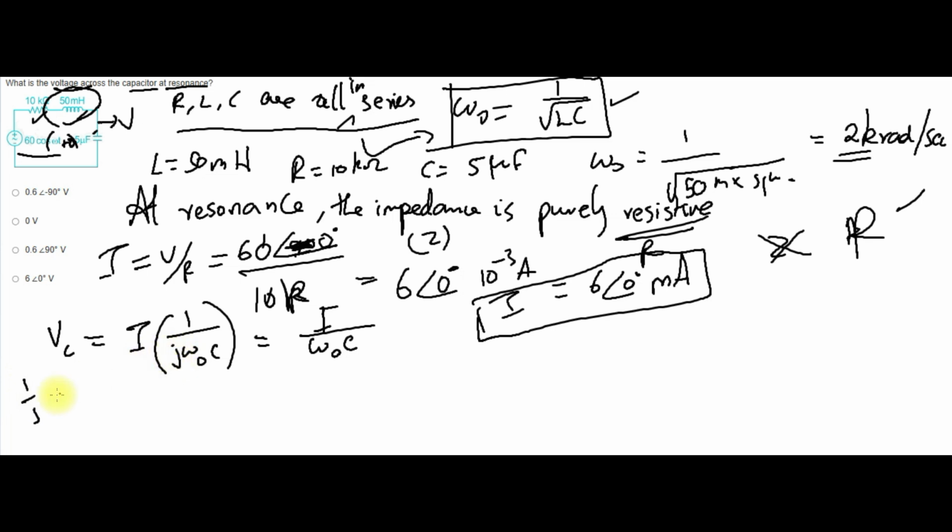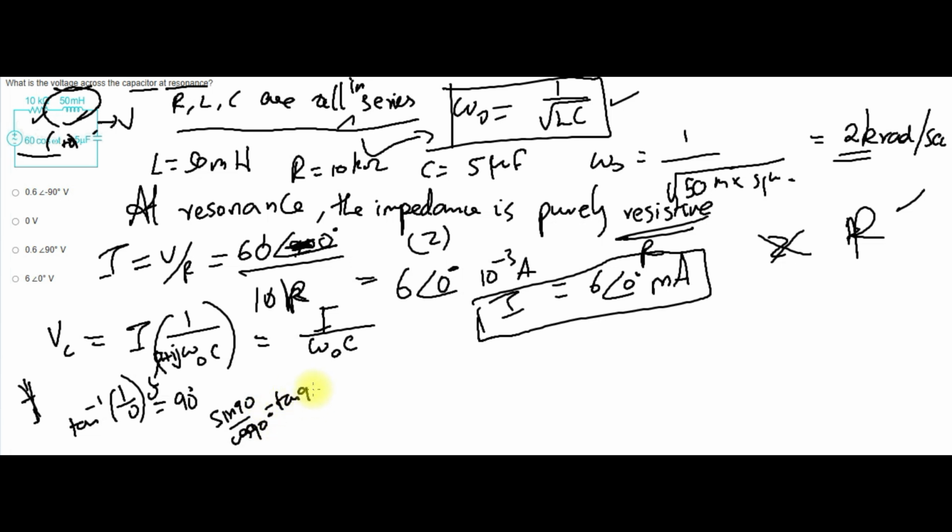So j's argument is 1, and there is no a plus jb form here, a is 0. So tan inverse of b by a, that is 1 divided by 0. You know that tan inverse of this is 90, because tan 90 is sin 90 by cos 90.